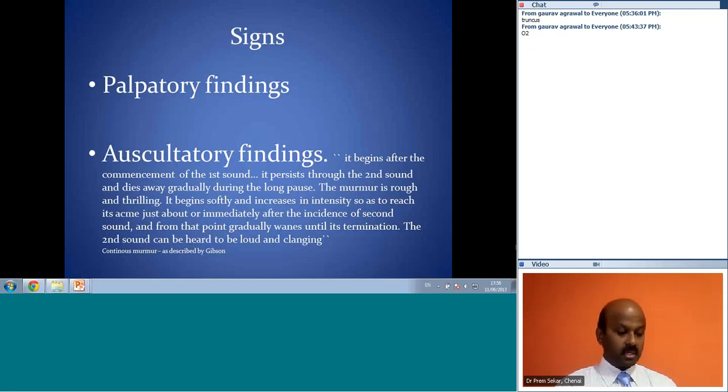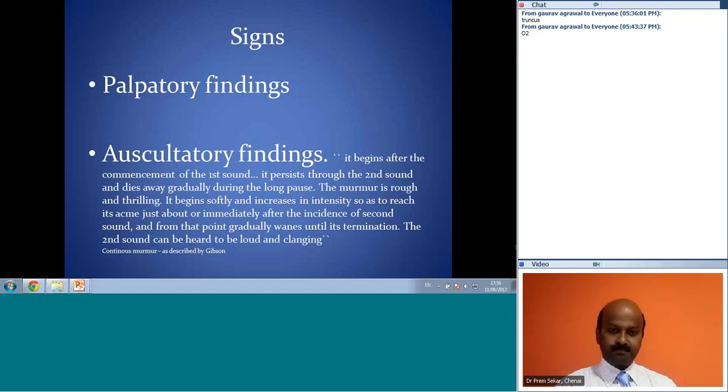With increasing pulmonary vascular resistance, the T2 becomes accentuated but not single. And with severe pulmonary hypertension, pulmonary ejection sounds may be audible. Paradoxical splitting is confined to patients with large shunts, usually in older children.